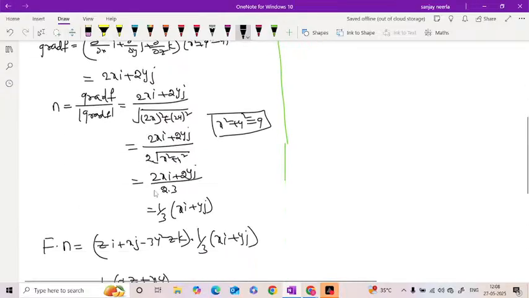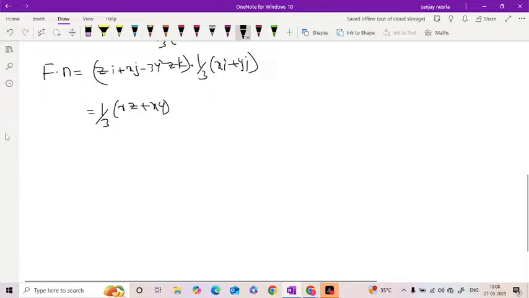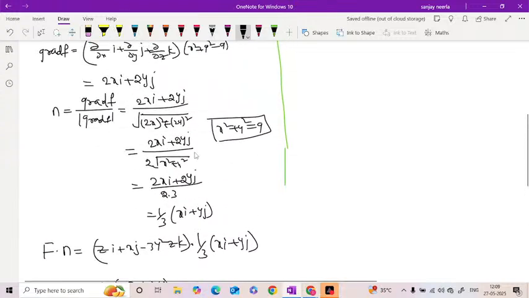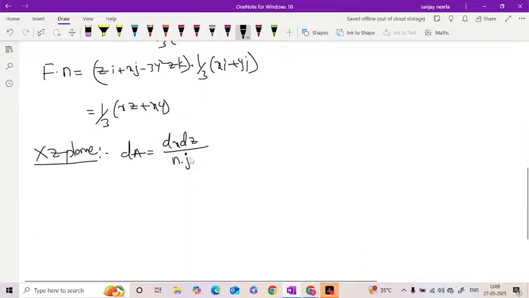In this one we have taken the xz plane, so dA is equal to dx dz by mod of n dot j. What is our n dot j?